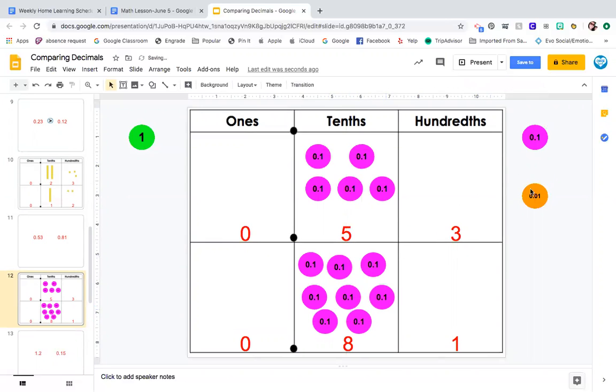And then the top number has 3 hundredths, so we'll put 3 discs in the hundredths place. And this bottom one has 1 in the hundredths place.